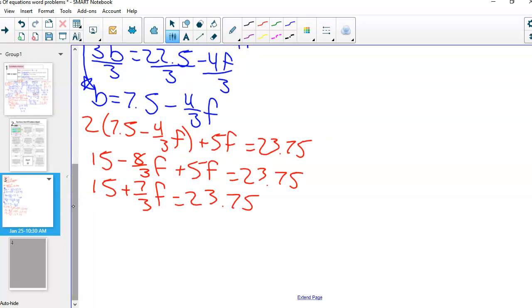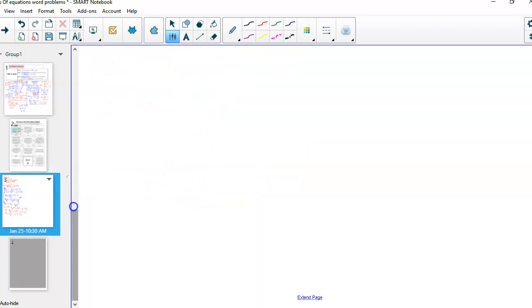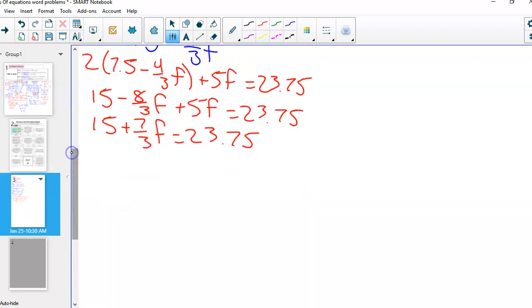Okay. Now we need to subtract. So the process is still the same even though we have these ugly fractions and decimals. We have to be careful. What would this be? 23.75 minus 15. 9.75.